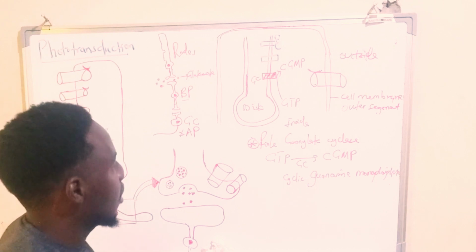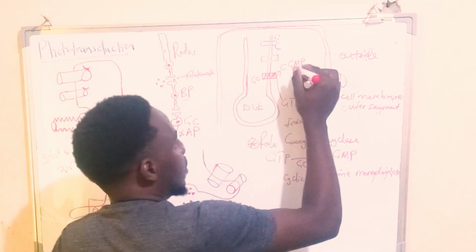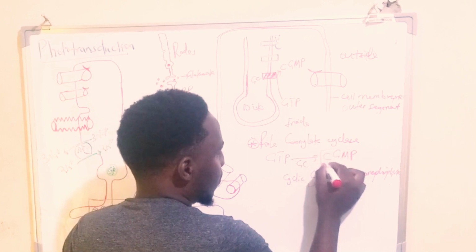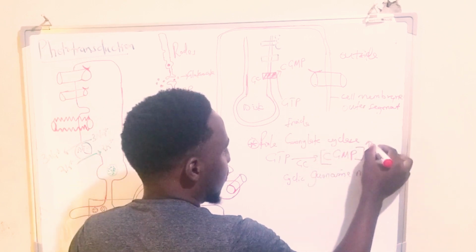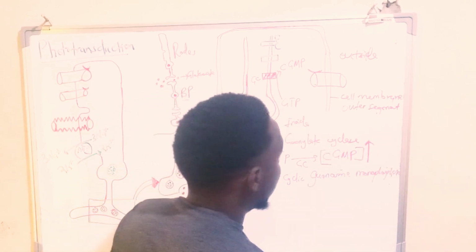That's what happens in the dark. So in the dark, the concentration of cyclic guanosine monophosphate goes up.